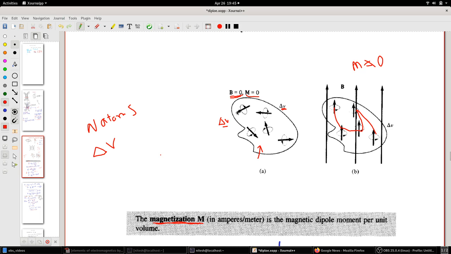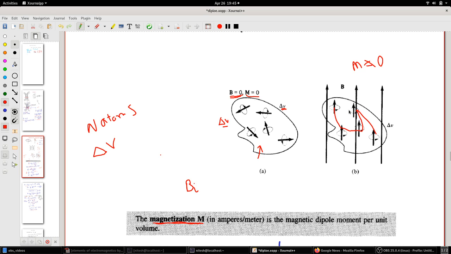These dipole moments point randomly in all directions, so the summation of all these dipole moments comes out to be 0, which results in magnetization being 0 in the absence of any external magnetic field. So your Bi, generated by these dipole moments, is 0.